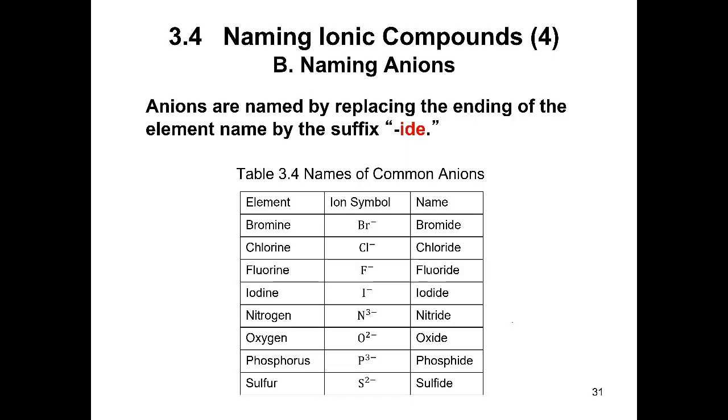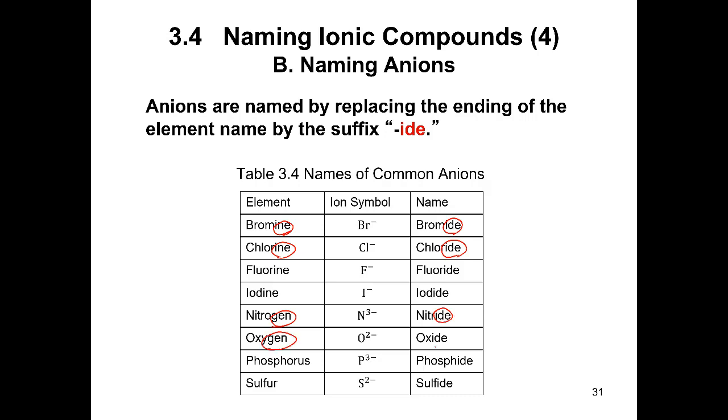Anions are named by just replacing the name of the element, dropping the suffix, and adding -ide. So for example, bromine becomes bromide. Chlorine becomes chloride. Nitrogen becomes nitride.